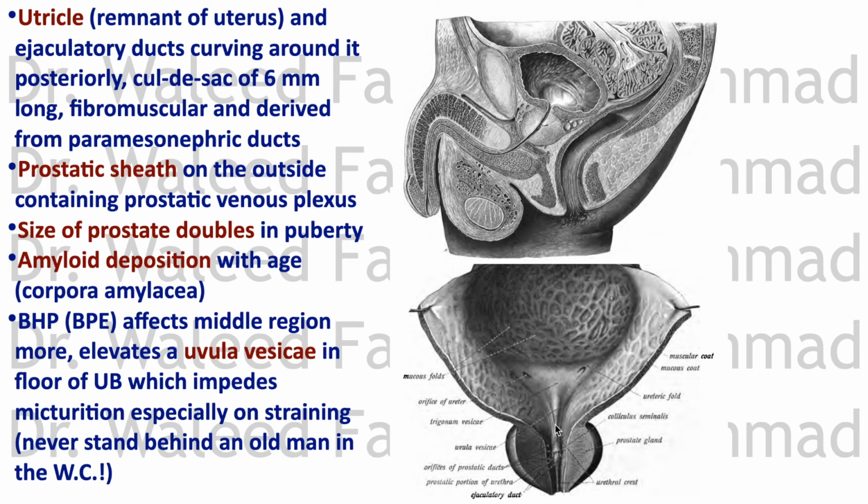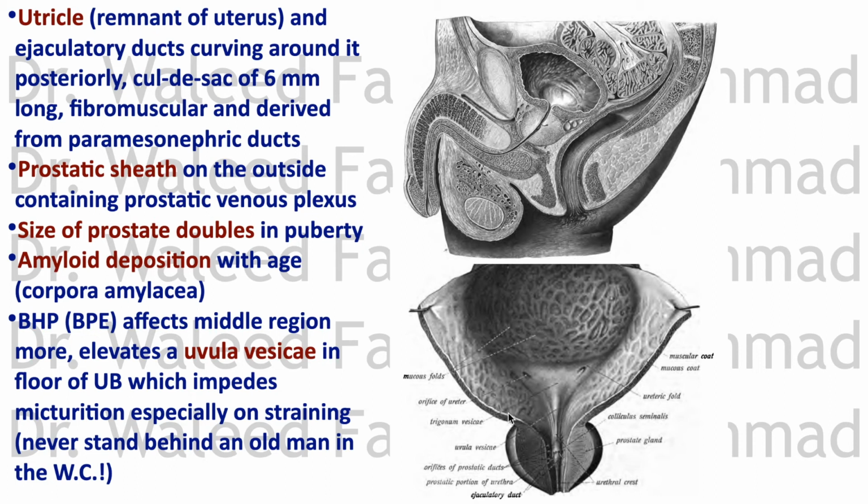The uvula obstructs the internal urethral meatus, so they have to relax a lot before beginning to pass urine, as the uvula vesicae is not obstructing completely the internal urethral meatus. That's why there is a saying that you never stand behind an old man in the WC. You will make life harder on him.